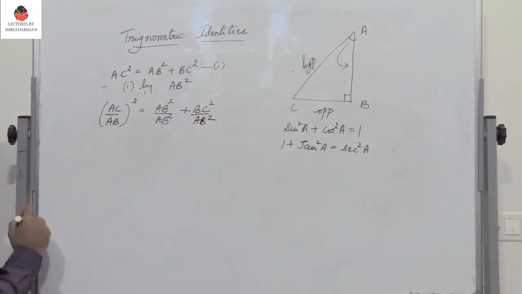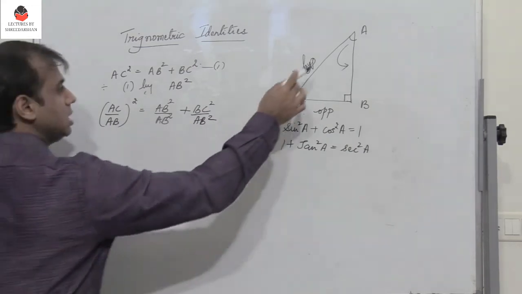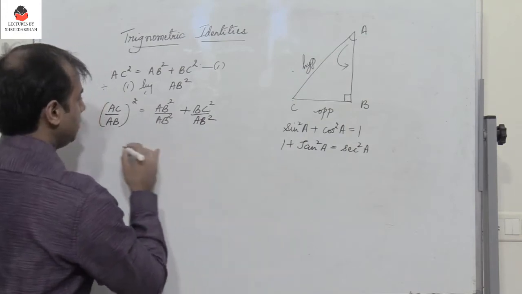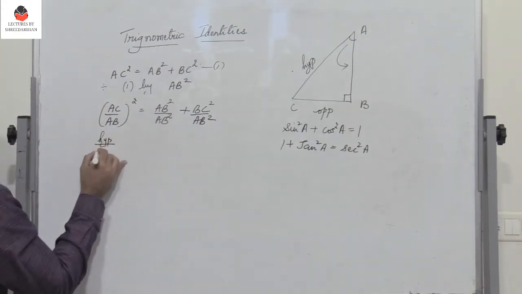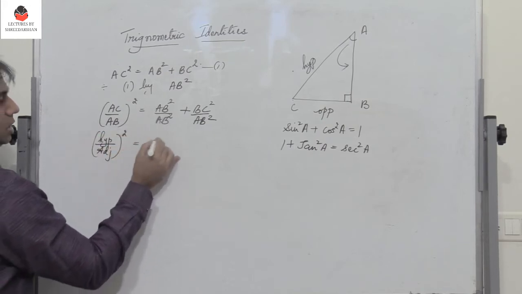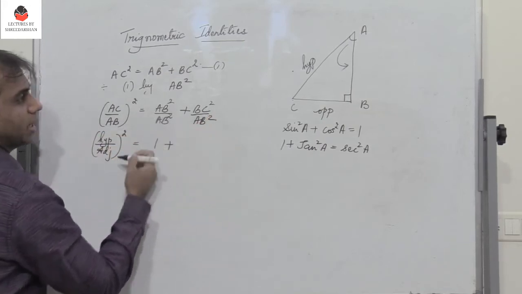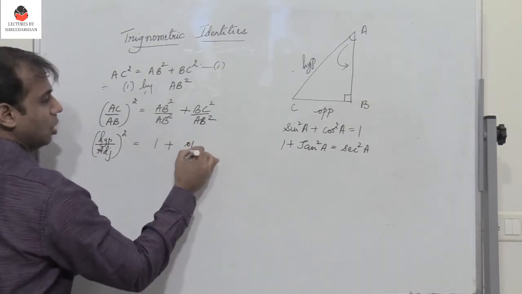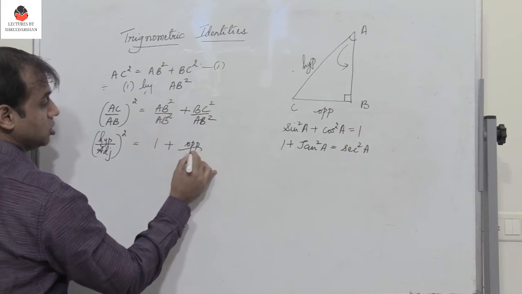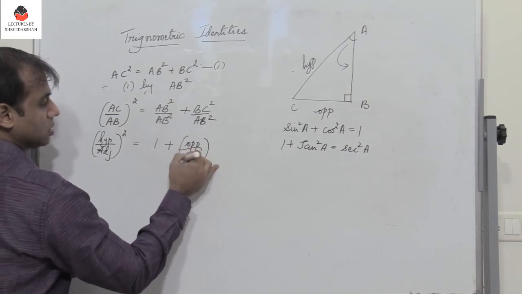So what is AC by AB? So I have AC by AB, that is hypotenuse by the adjacent the whole square equals 1 plus, what is BC by AB? So you have BC, which is opposite, by AB, which is the adjacent, the whole square.